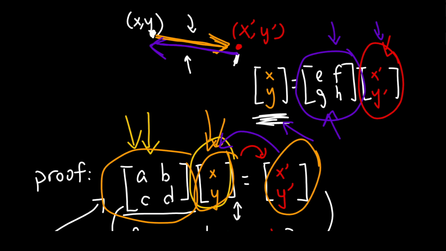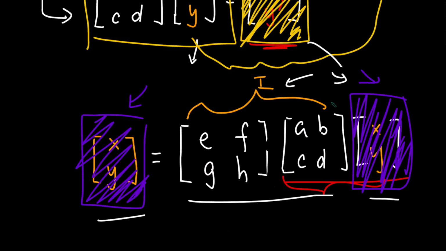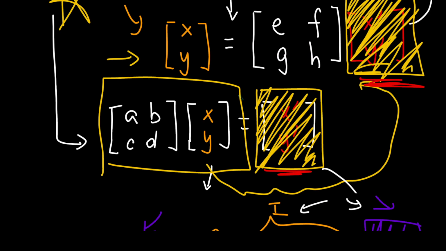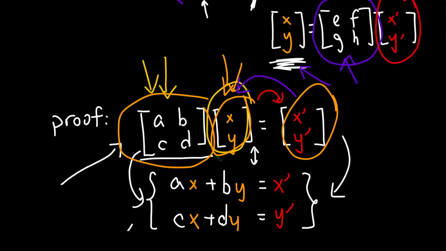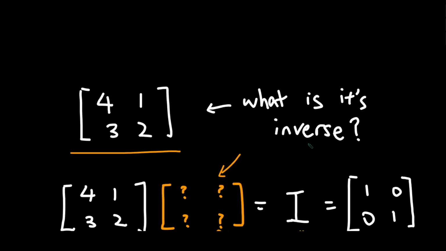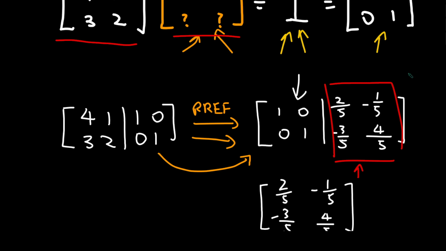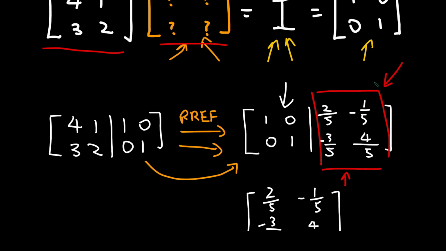If we go through the algebraic steps, we can find exactly that EFGH and ABCD multiplied together give us the identity. So all of this is just to say, how do we find the inverse of 4, 1, 3, 2? We just take the RREF, and everything in this red little box is our matrix. So this method is actually very easy, but the proof is a little bit harder.